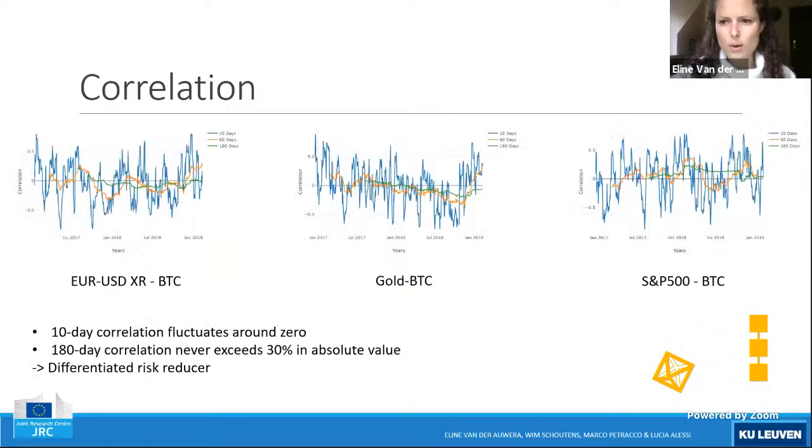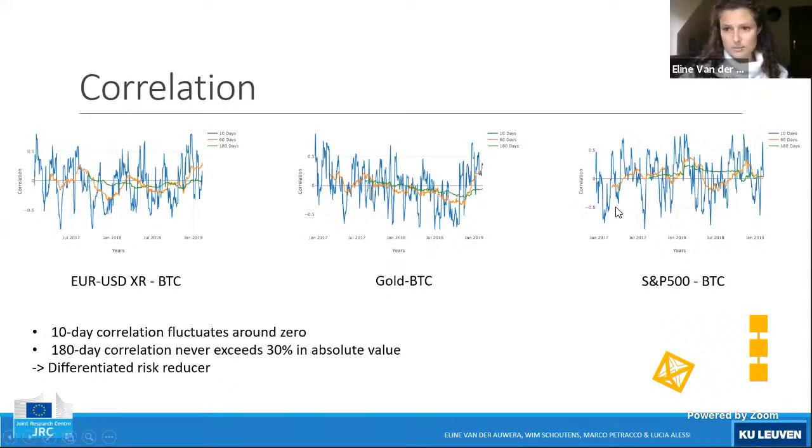Now, the exact opposite, well, not the exact opposite, but something of the opposite has happened with the correlation between cryptocurrencies and other asset classes. I have here depicted 3 different asset classes. The first is the currency, which is represented by the euro-dollar exchange rate. Then we have gold, which could represent the commodity.